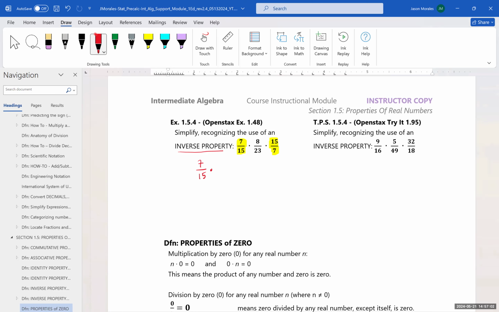The order doesn't matter. Right? And a number times its reciprocal always gives you 1. And 1 times any number just gives you that number. So that's that one.